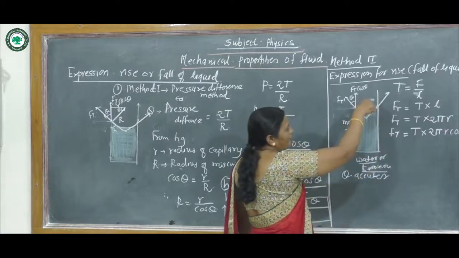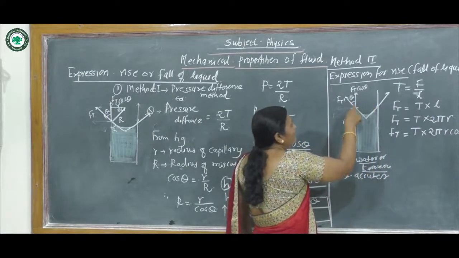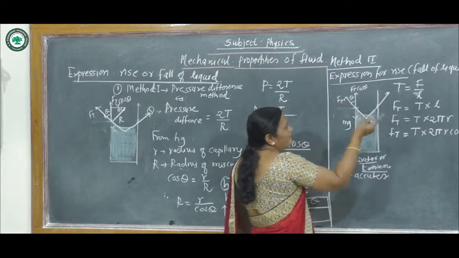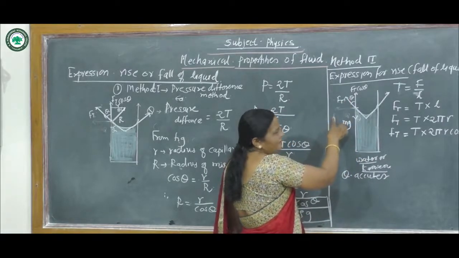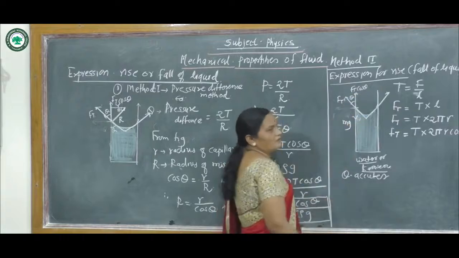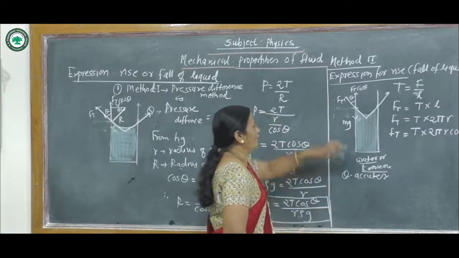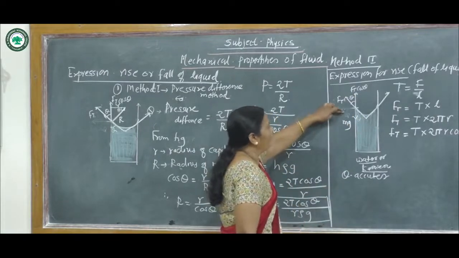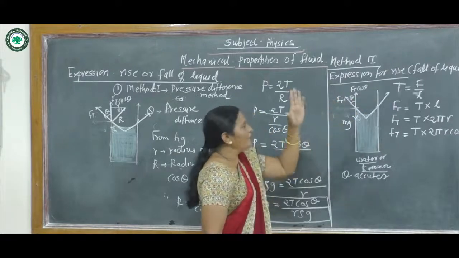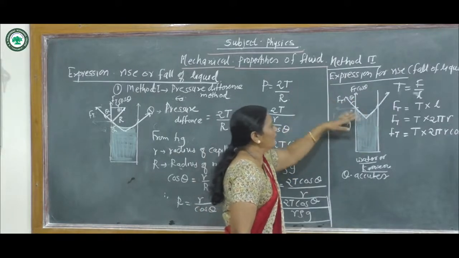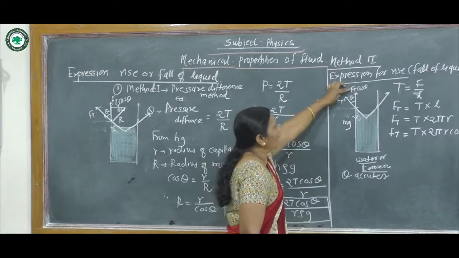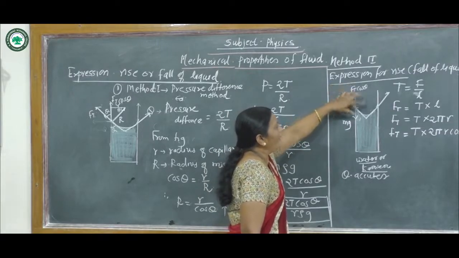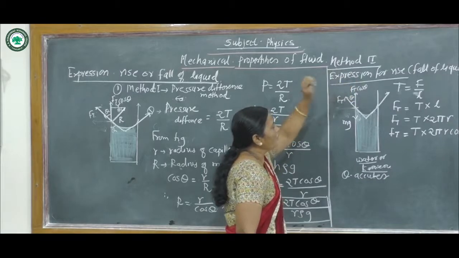where r is the radius of this capillary. Now this force is inclined at an angle, so there are two components: the horizontal component Ft sin theta and the vertical component Ft cos theta. This Ft sin theta is equal and opposite around the capillary and cancels out, and the remaining component Ft cos theta adds up to give the total force.